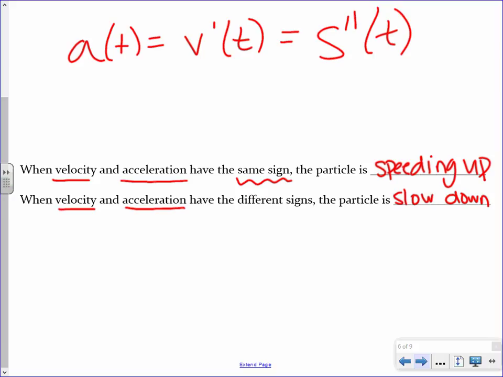You're accelerating in the other direction. You're slowing down. Okay? So acceleration does not specifically tell you if you're speeding up or slowing down. If I ask you about speeding up or slowing down, you have to consider velocity and acceleration.